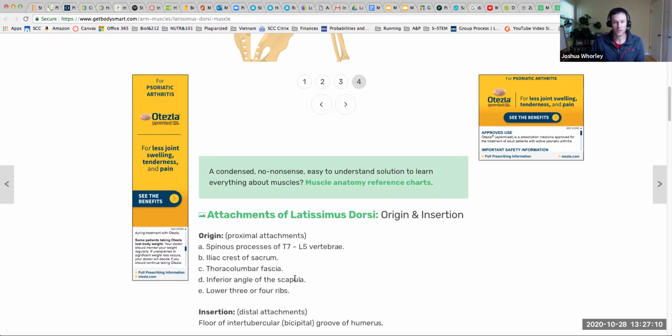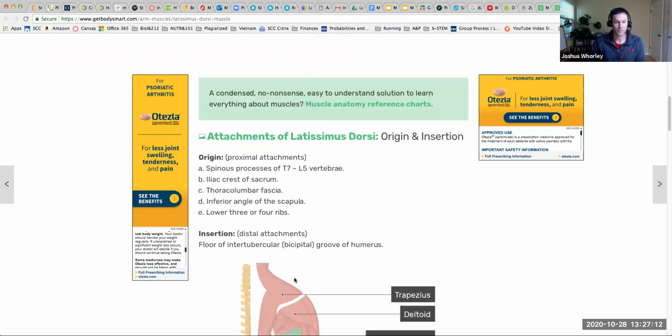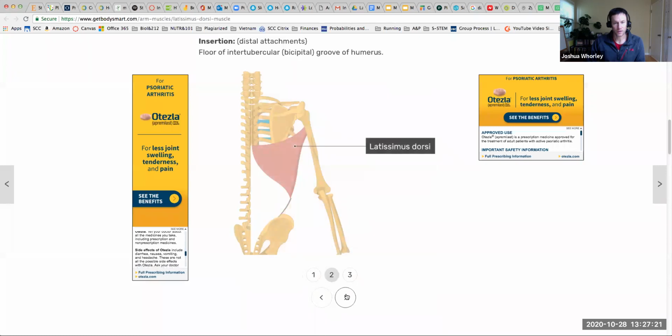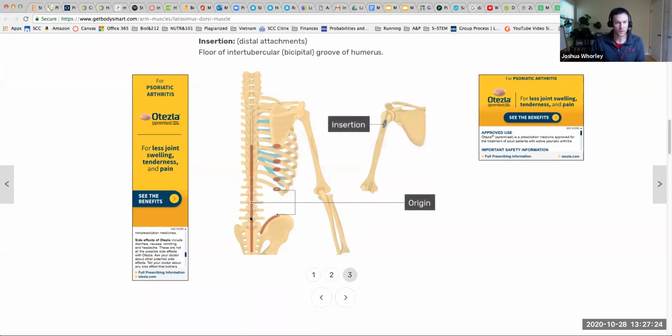So it's really a very broad origin for this muscle, inserting basically just below the intertubercular groove of the humerus. If we pull all these things off, we'll see all of these are origins. Here's the iliac crest, here's the sacrum and lumbar and thoracic vertebrae. Here are these lower ribs, and even a small bit of origin on the inferior angle of the scapula. And those are all wrapping around to the front of the humerus to insert just below the intertubercular groove of the humerus.